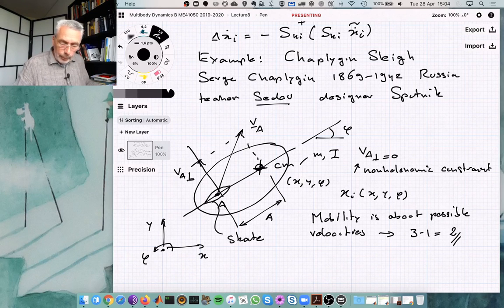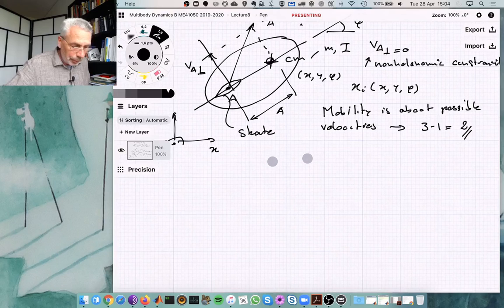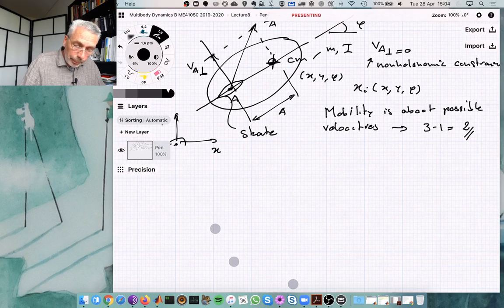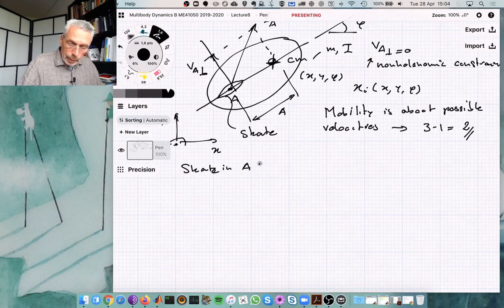Okay. So let's derive the equations of motion for this. We have to define our non-holonomic constraint in terms of these coordinates and their speeds. So the skate in A tells us that V_A perpendicular is 0.